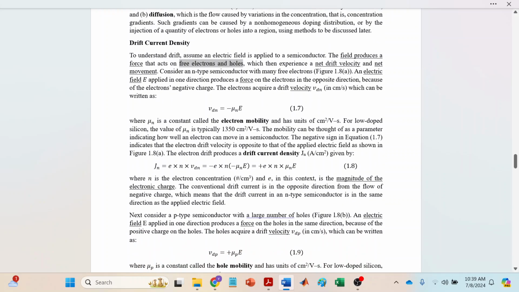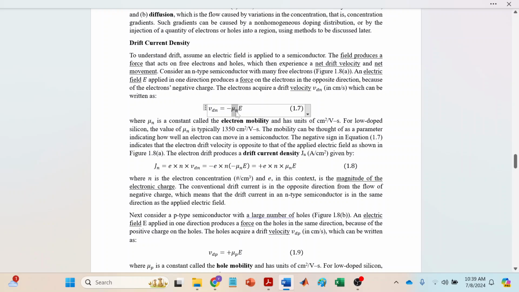So the equation that relates the velocity with the electric field is given by this equation. We have mu n, and this mu n is a constant. It's called electron mobility.